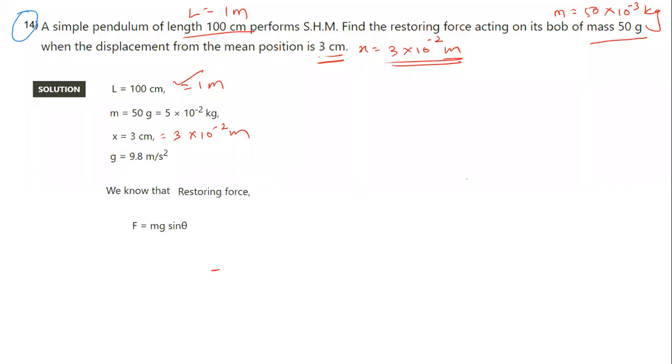So we know that restoring force is F is equal to minus mg sin theta, but we are not using the minus sign. We consider only the magnitude here. This theta is very, very small, so we can write F is equal to mg into theta. Now here theta also we can write as x by L. So we can write this formula as mg x by L.